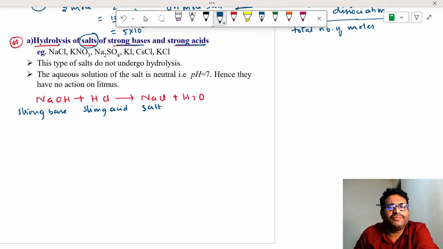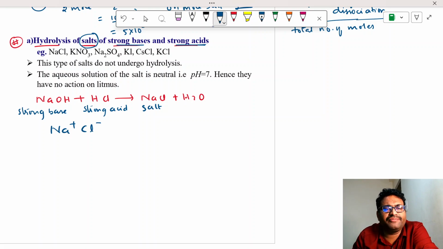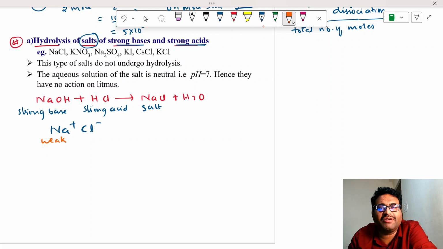Now you see this salt NaCl. It is Na+ and Cl-, right? Where is this Na+ from? This Na+ is from a strong base, so it will be weak. Why is it the weak part?